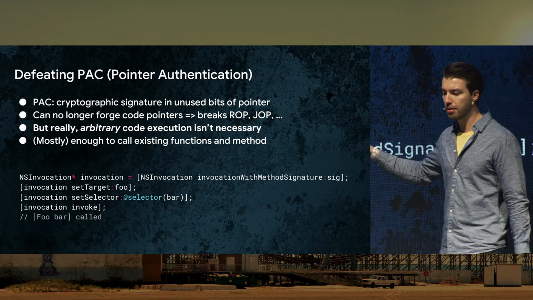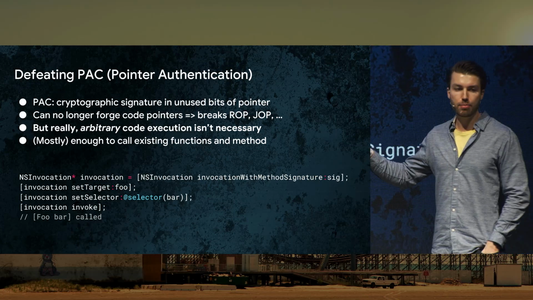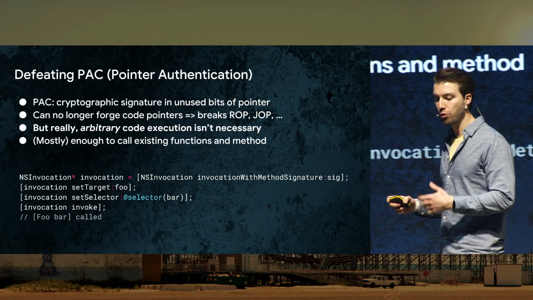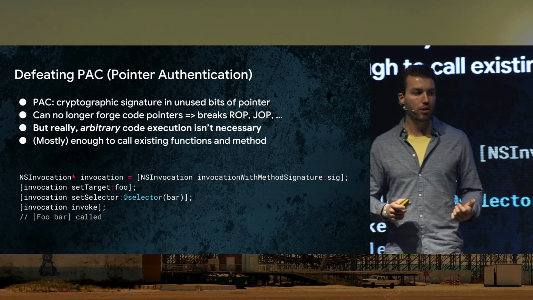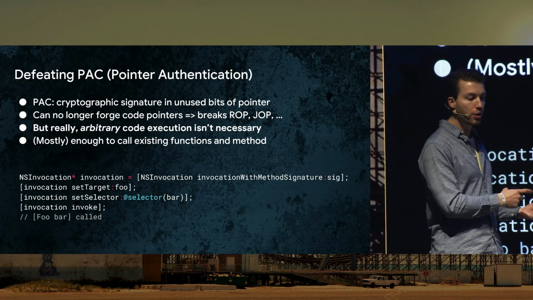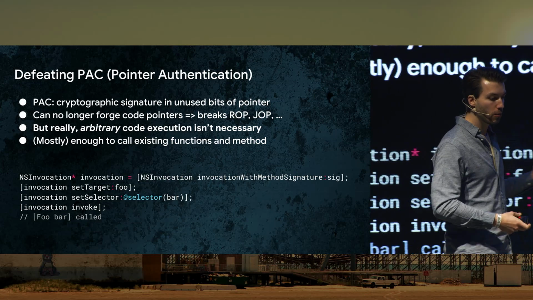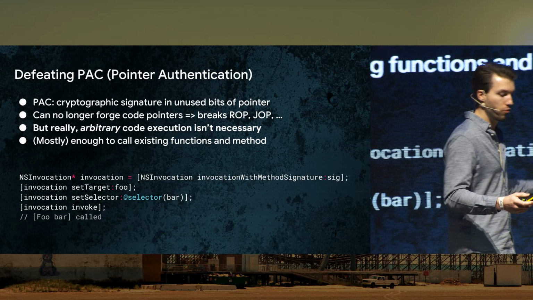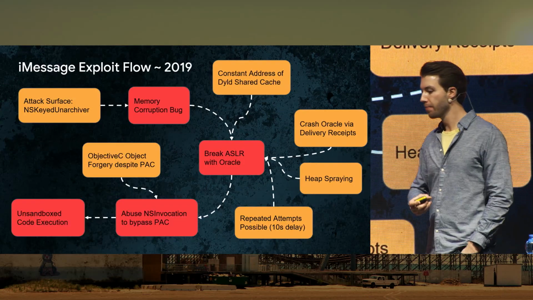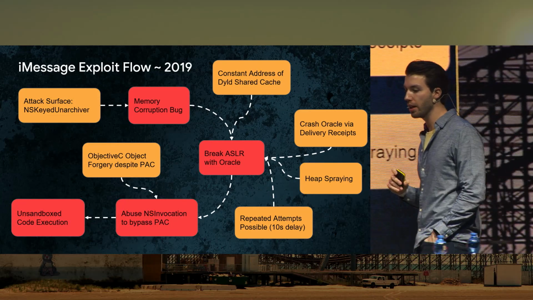So it looks like this, maybe a bit weird if you've never seen Objective-C, but this makes an NSInvocation, then sets the target object to foo, then sets the selector, which is the method, to bar, and then if you call invoke on the invocation, this calls foo.bar, right? And so if you control one of these objects, you can call whatever you want. So you win. And so this is the full exploit. This is how it looked like in 2019.